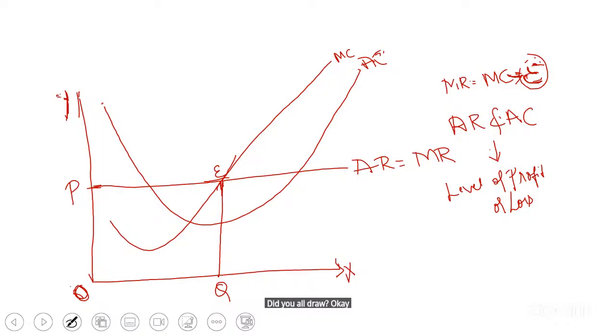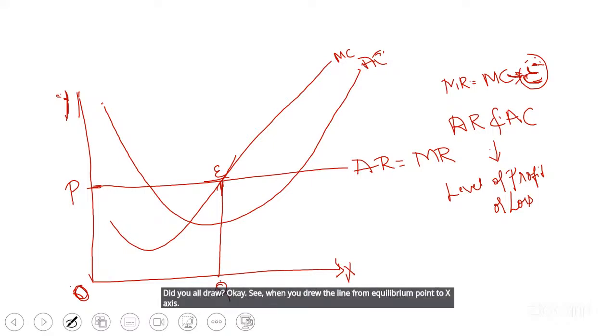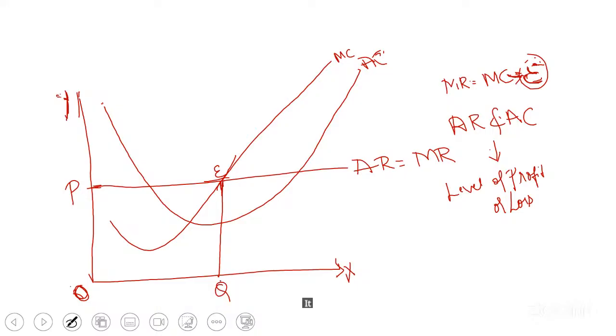Okay. See, when you drew the line from the equilibrium point to the x-axis, it has passed through the AC curve. Can you see that? At that point, drag a line to the y-axis.